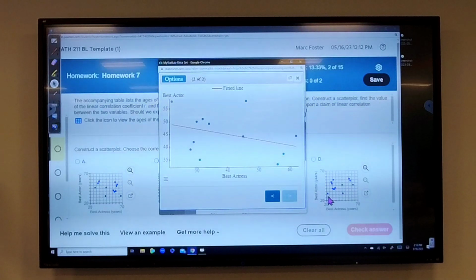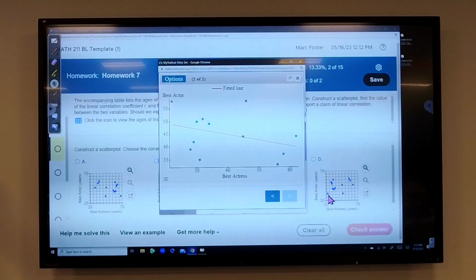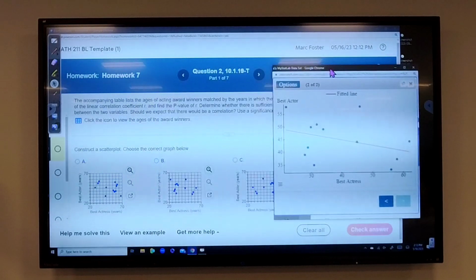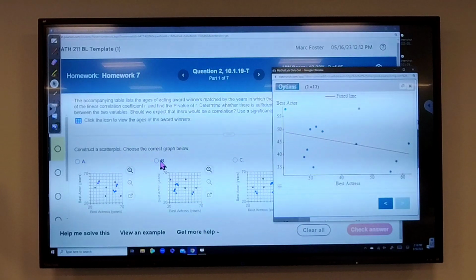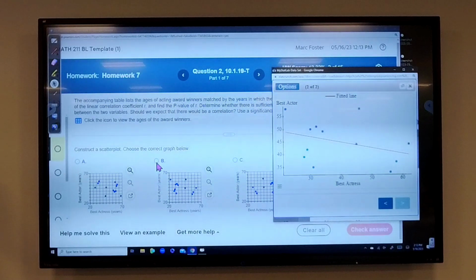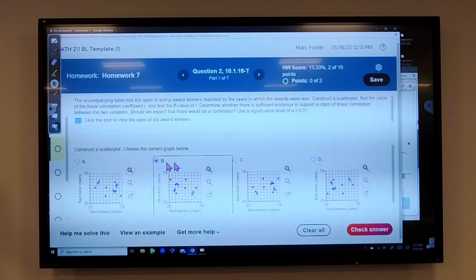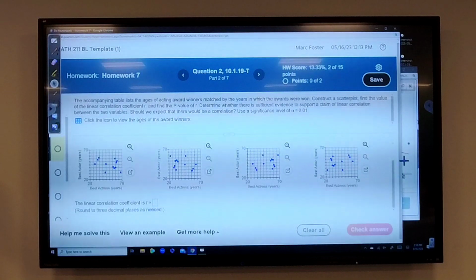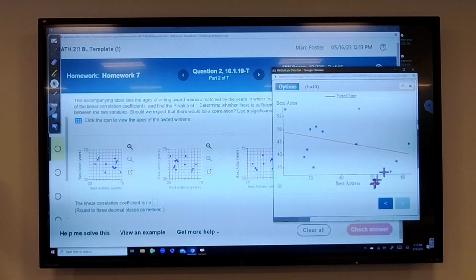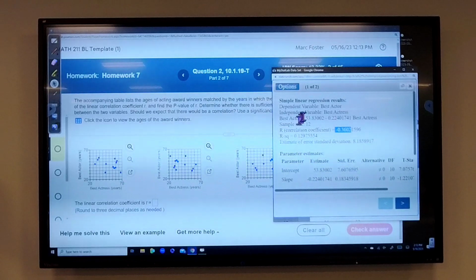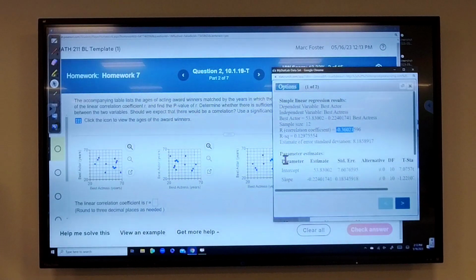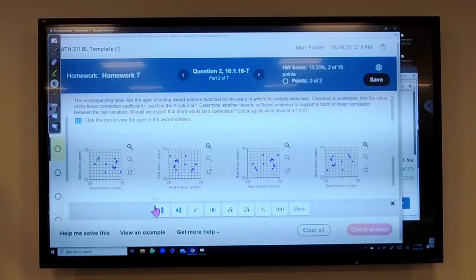So like it can't be D because of that point that's down there. This point up here is going to indicate to me it's got to be this one. Okay, the correlation coefficient is right there, minus 0.360.